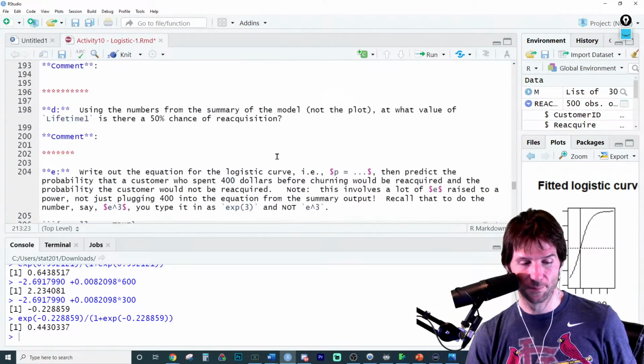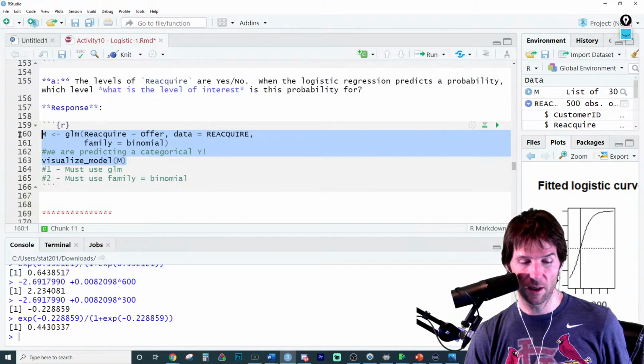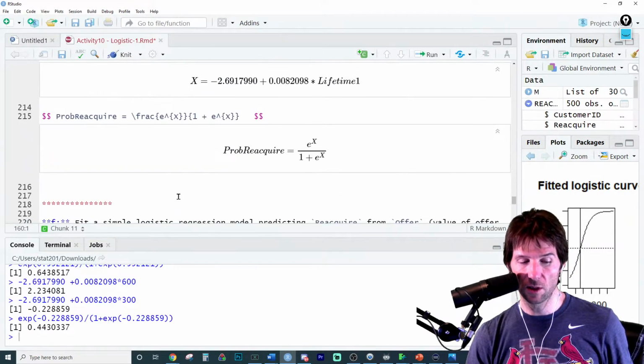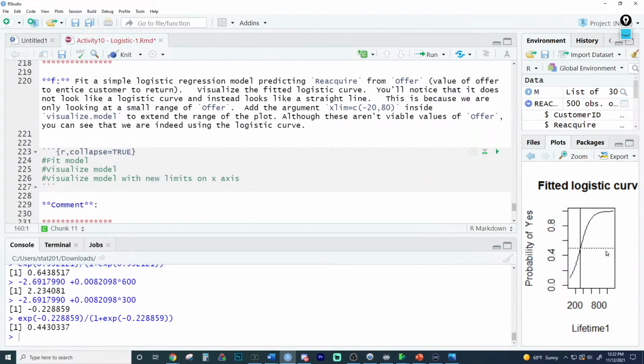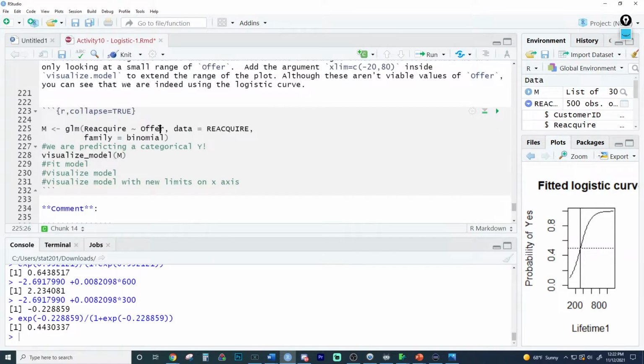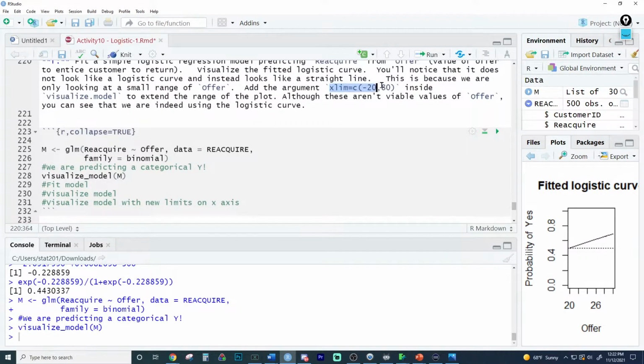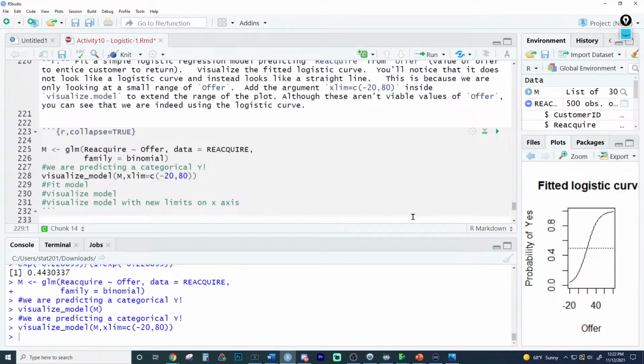So we saw this earlier, and I've had people tell me, wait, is that the logistic curve? And it is, because when you see the logistic curve really close up, you might be seeing a portion that looks like a line. Like over here, it would look like a line if you zoom in on it. So let's go ahead and take our model right here, and it looks like a line until we change the xlim on it. The xlim takes one argument, but it takes two values inside of there to change it.